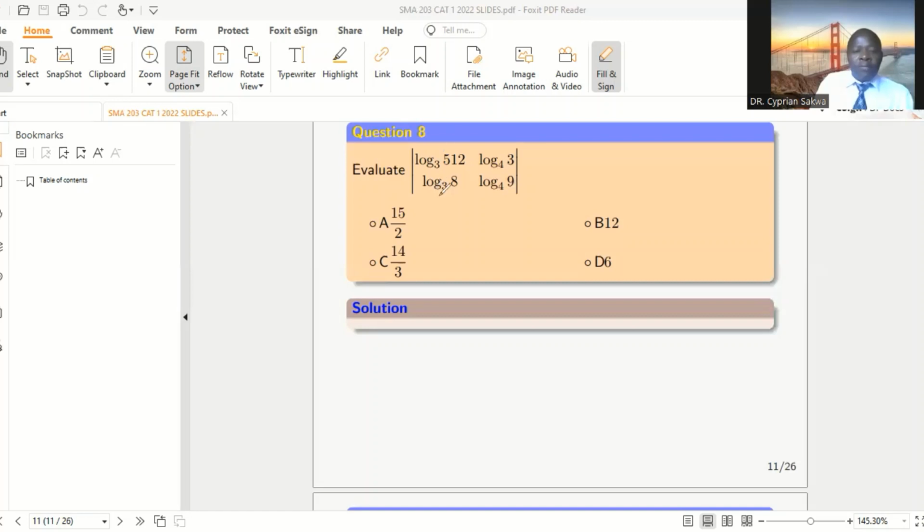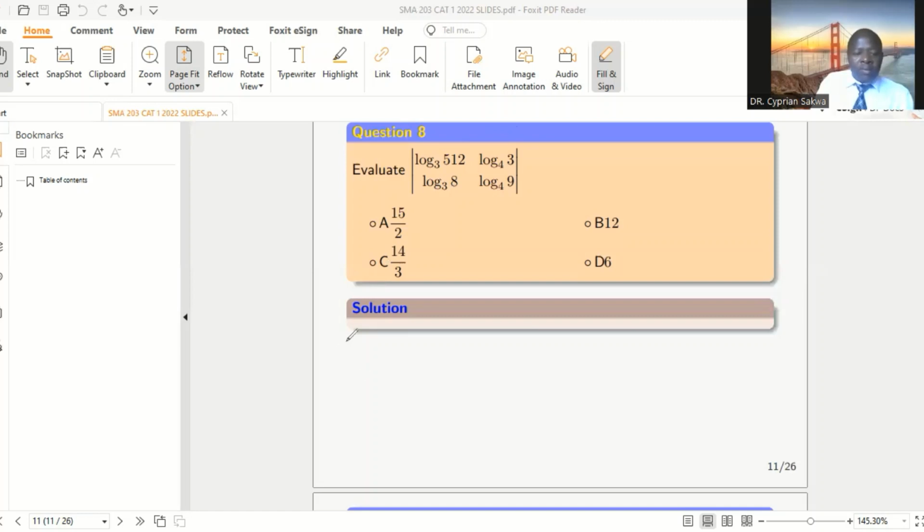Now, this one has logarithmic functions, and we learned how to simplify these kinds of functions in our earlier mathematics. Let's just do it.